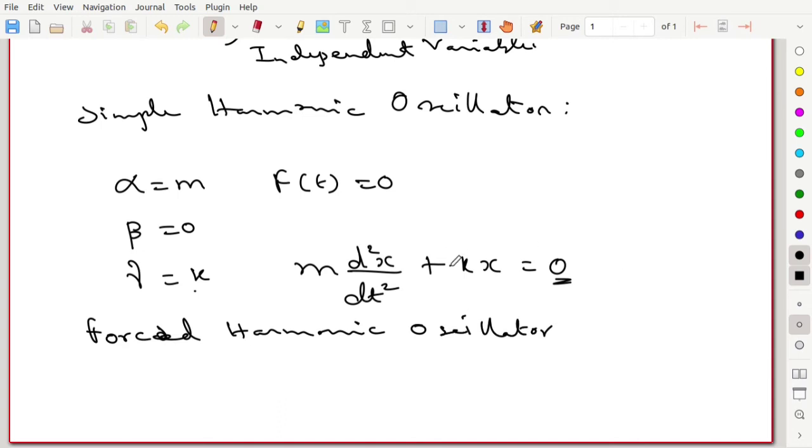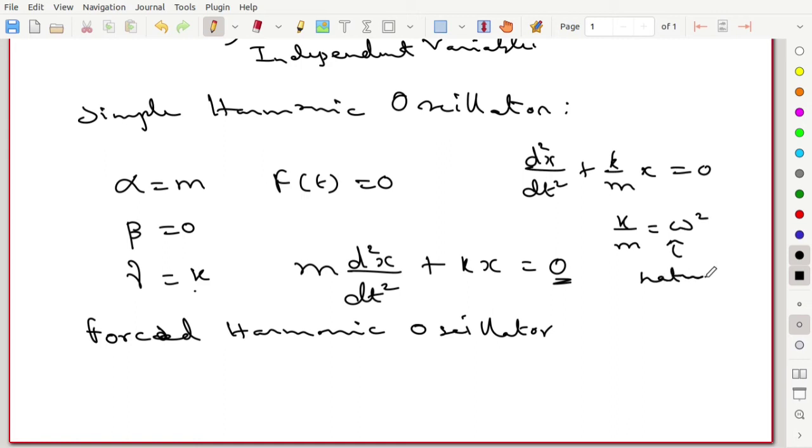Here we can write the free equation as d square x by dt square plus k by m x equals 0, and this k by m equals omega square, where omega is the natural frequency of the harmonic oscillator.